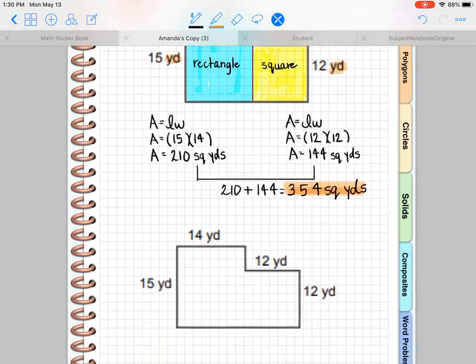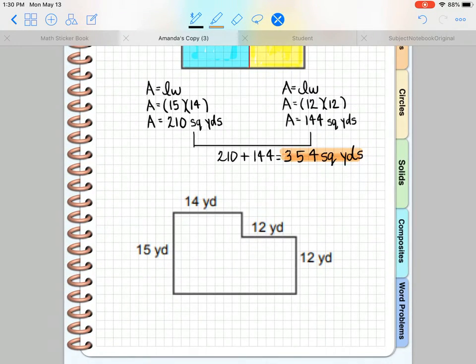Okay, let's look at the next problem, which is related to this composite, and it is a perimeter problem that we need to find. This one's a little bit more of a challenge because we're missing some dimensions. So the first thing I would ask you to do is to count your sides.